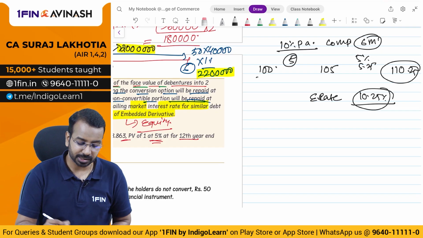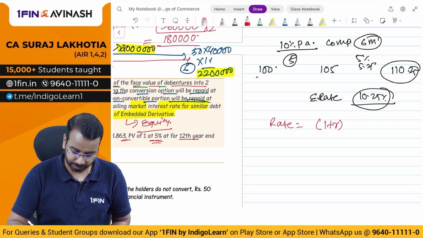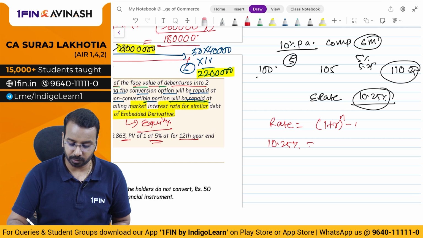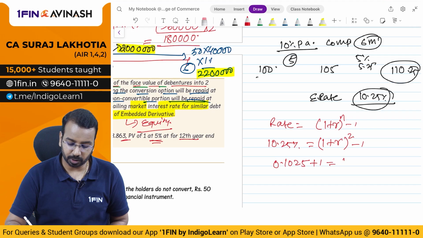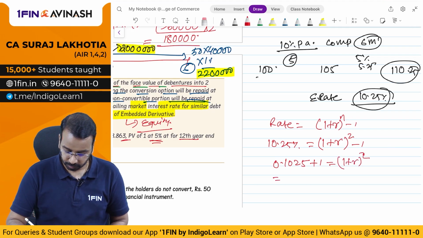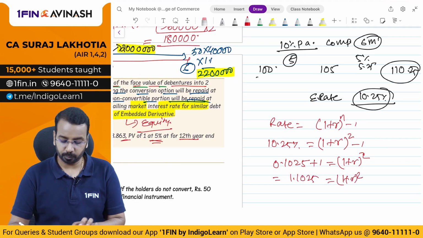There is a formula to derive this, that is rate is equal to (1 plus r) to the power of n minus 1. What is the rate? 10.25% is equal to (1 plus r, we do not know) to the power of 2 minus 1. So 10.25% is nothing but 0.1025, plus 1 is equal to (1 plus r) to the power of 2. 1.1025 is equal to (1 plus r) to the power of 2.